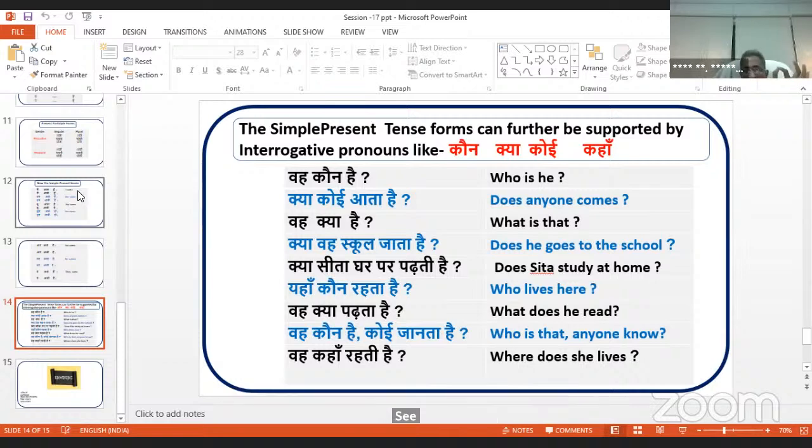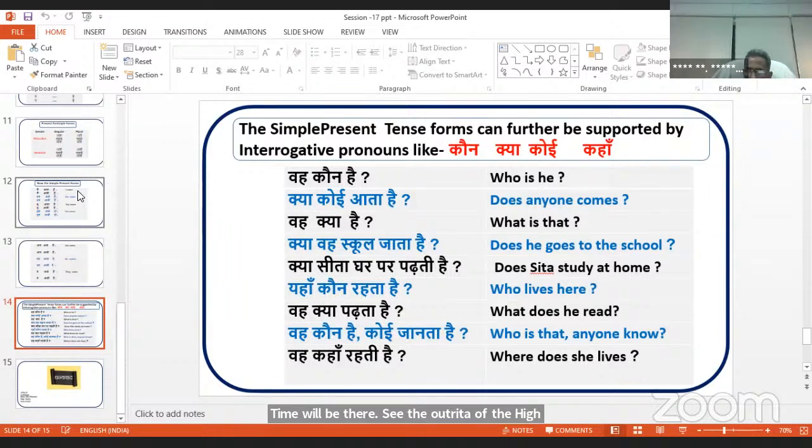Singular subject सीता, feminine, ती है, आती है. सीता और रीता आती हैं. That हैं will be there along with the plural form.